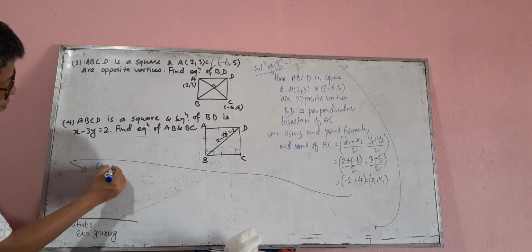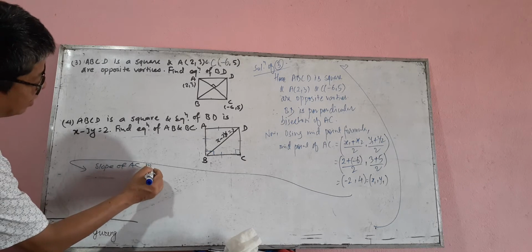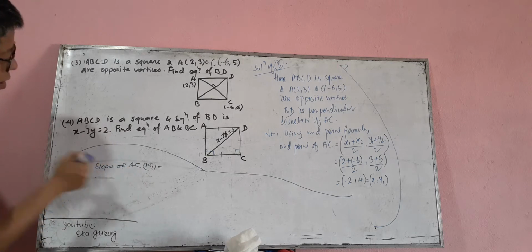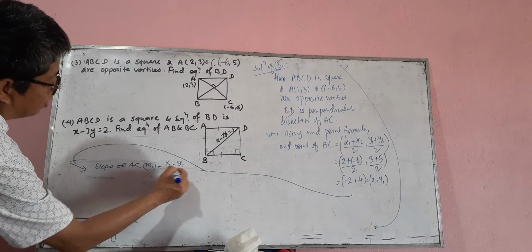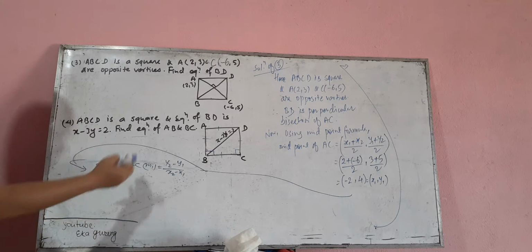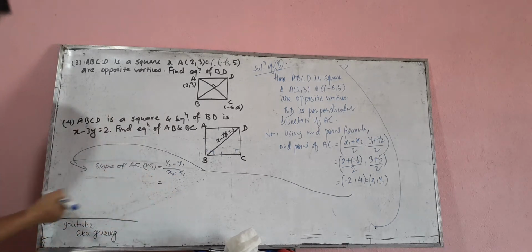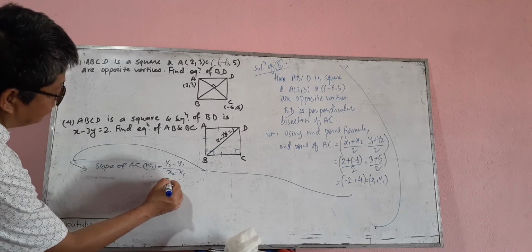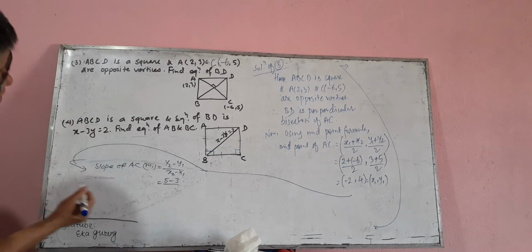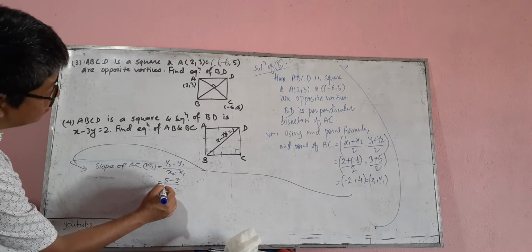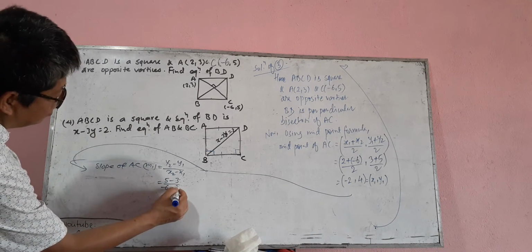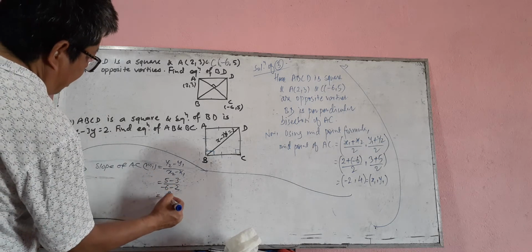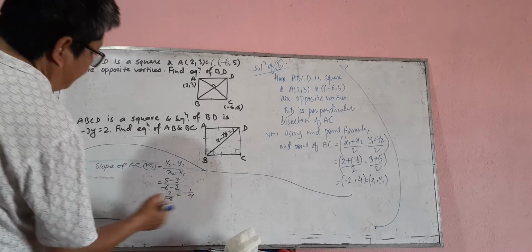Now the slope of AC, say it is M1, equals y2 minus y1 by x2 minus x1, because the 2 points are given. y2 is 5 minus 3, y1 is 3, and x2 is minus 6 minus 2, and this gives 2 by minus 8, and this is minus 1 by 4.